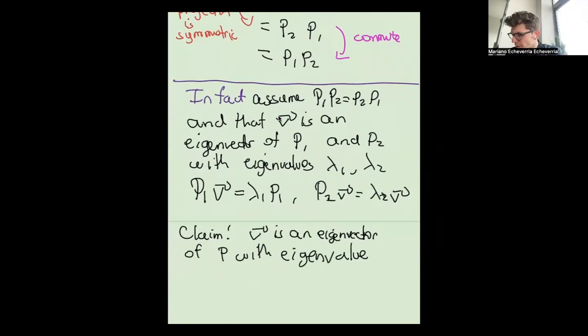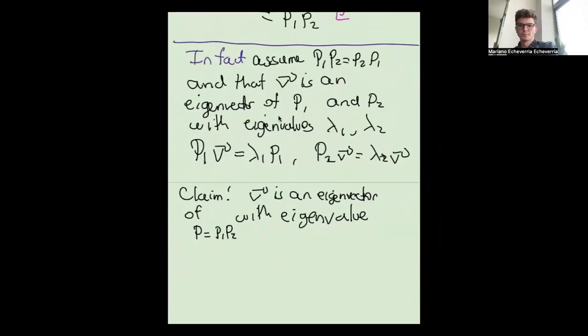P, remember, was P1 times P2. Any guesses of what the eigenvalue for P should be? So for V?